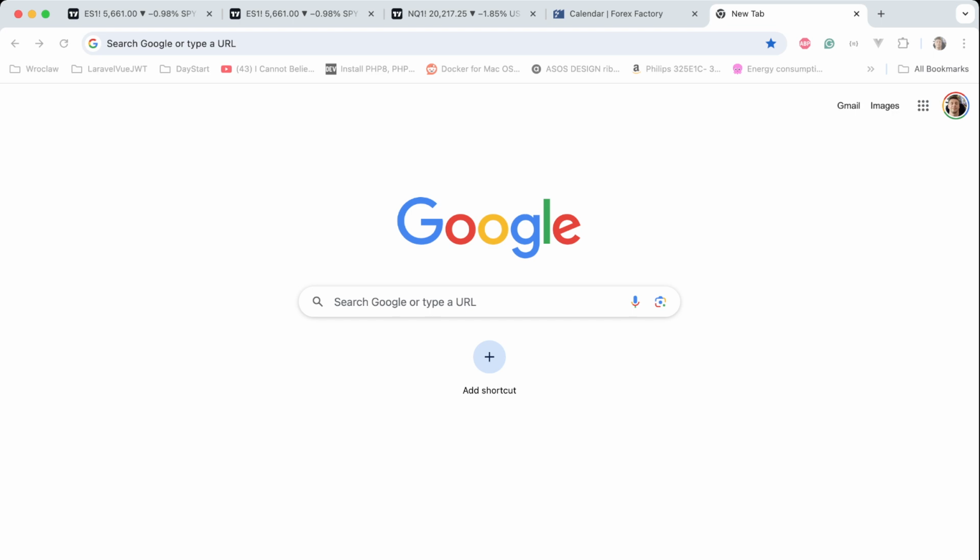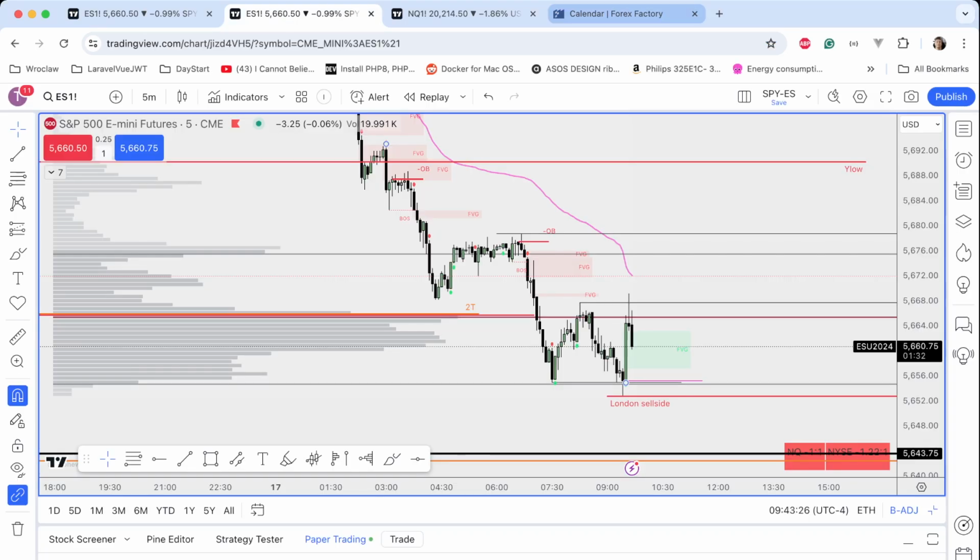Basically, this is the 13th minute right now from the open, and as you can see it doesn't look so great anymore. Transaction has been completed up here.